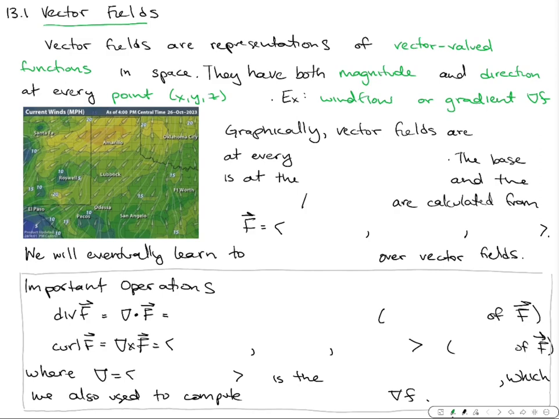Graphically, we represent vector fields as little arrows that we plot at every point in our three-dimensional space. The base of the arrow, like on one of these arrows right here, is going to be the point xyz.